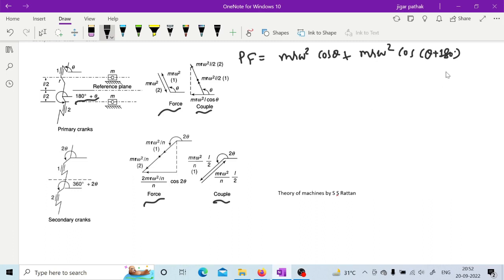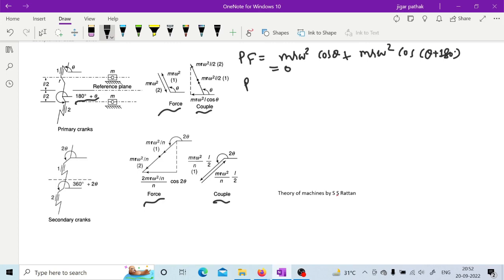Cos theta plus 180 is minus cos theta, because there is a change of sign in the cosine. So the primary force will be 0.